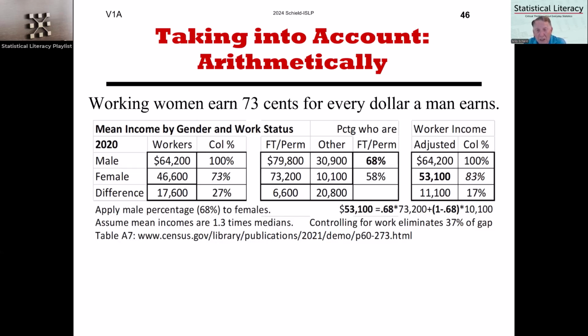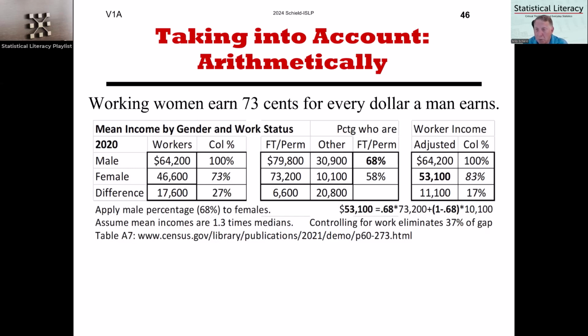You see those numbers in the left column, 64 and 47K? That's a crude association. It doesn't take anything into account. If we wanted to take into account this difference, the simplest way is to give them both the same mixture. In this case, I want to give women the same 68% mixture that men have as a percentage of full-time permanent. When I do that, the female average income jumps up from 46.6 to 53.1.